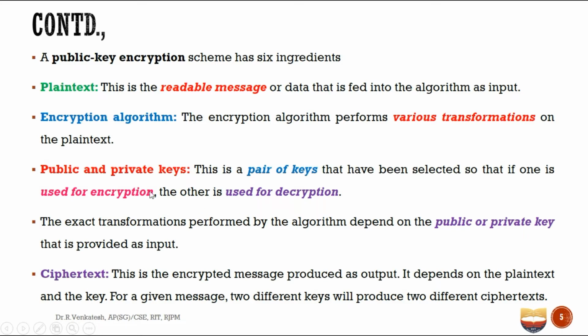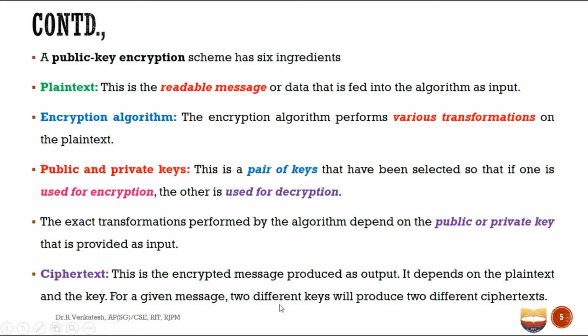Either the private key or the public key can be used for encryption as well as decryption, depending on the user and the application. We can choose the public key for encryption or the private key for encryption. Next is the ciphertext, the encrypted message produced as output from the encryption function. It depends upon the plain text and upon the key.